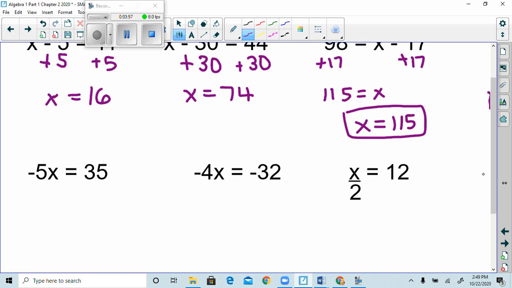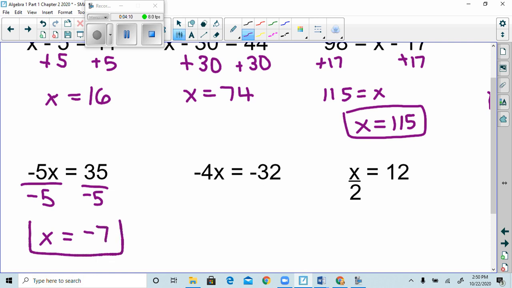Now I see a multiplication equation. I'm going to divide. This is the division property of equality. I then look at my signs and see unlike signs. That's going to give me x is equal to negative 7. Another multiplication equation, so I will divide. That's the inverse operation.